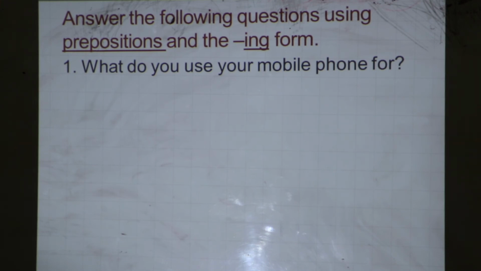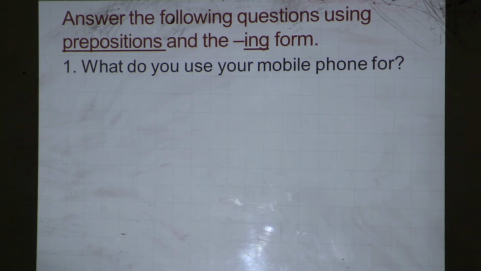Now, let's see if you can. We are going to use now the prepositions in sentences of your own by answering some questions. Look at question number 1. What do you use your mobile phone for?